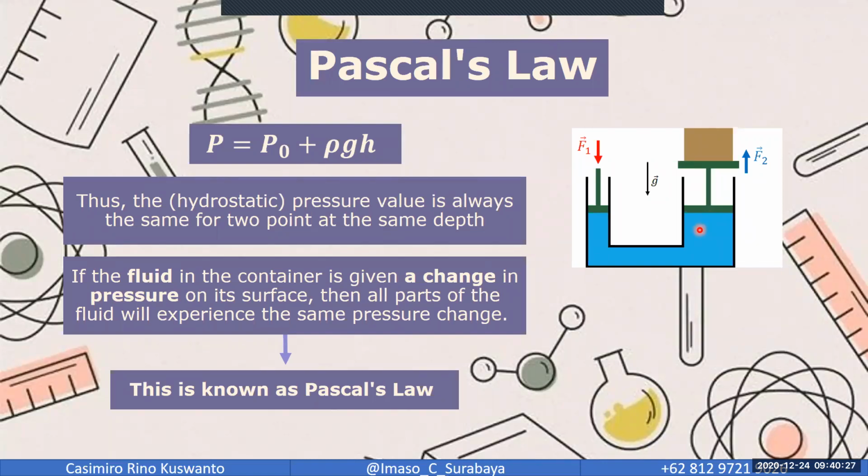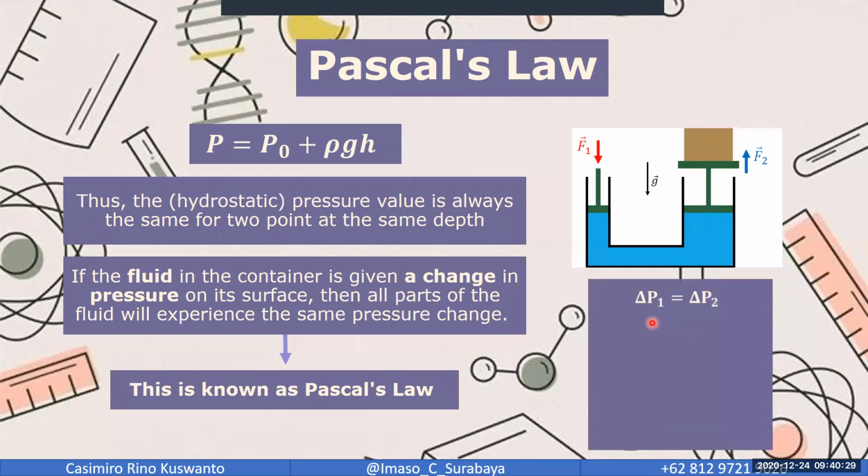In mathematical notation, it's this equation: the change of pressure on the surface, so F1 per A1 equals F2 per A2. And if we move F1 to the right side and A2 to the left side, we get F2 per F1 is equal to A2 per A1.